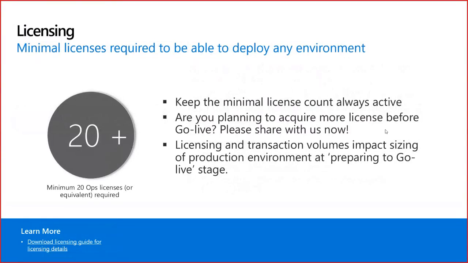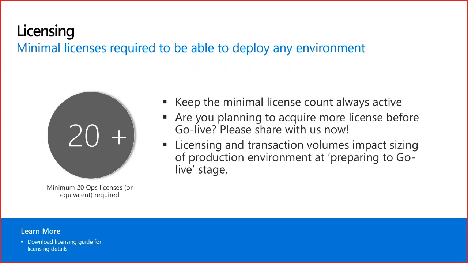We also want to pass on the information about the licenses: there is always a minimum of 20 operation seats. You need to keep this minimal license during the life of your implementation in order not to jeopardize your environment. If this doesn't happen, you will not be able to deploy environments.